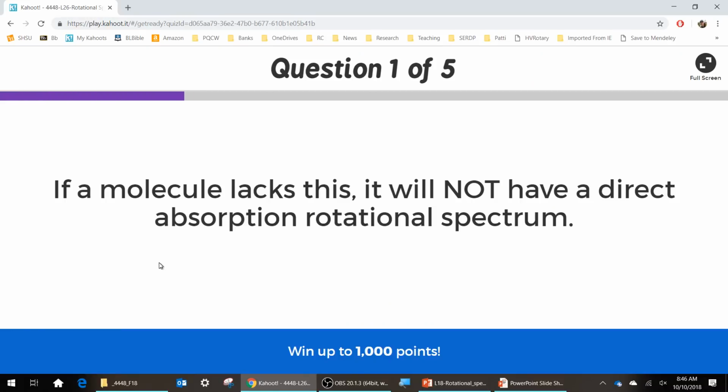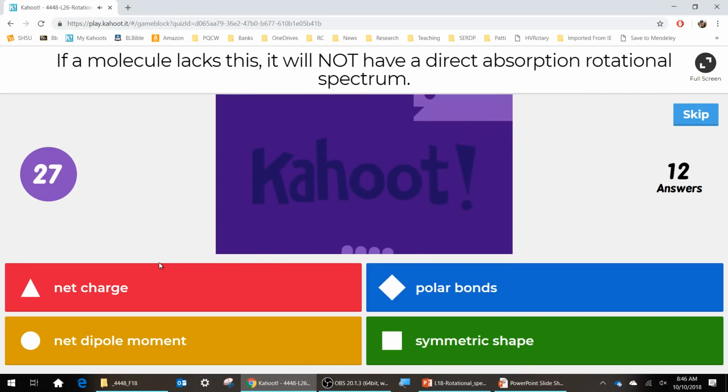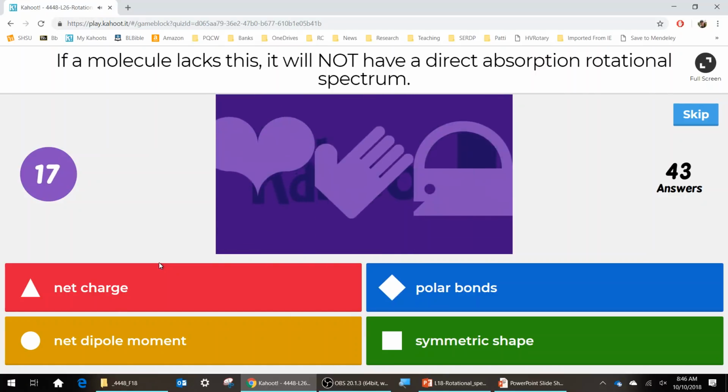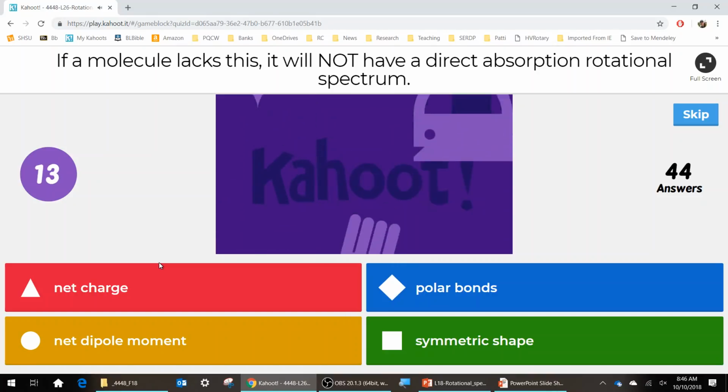If a molecule lacks this, it will not have a direct absorption rotational spectrum. Red is net charge, blue is polar bonds, orange is net dipole moment, and green is symmetric shape.